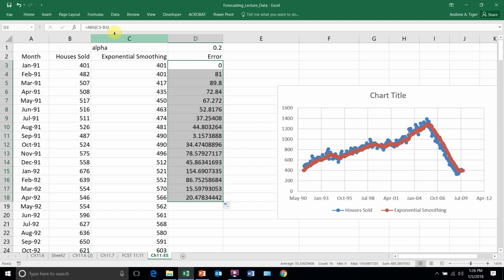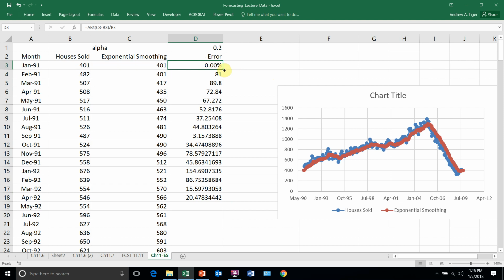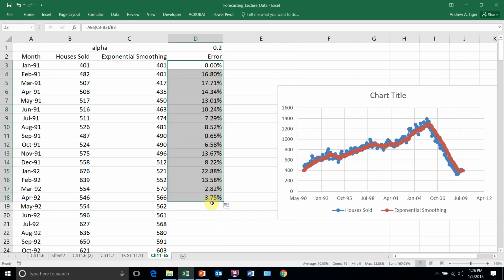But to calculate a percent error, we have to divide by what really happened. And then show that as a percent. And let's show a couple of decimals. So you can see that in the very first one, since I dummied up the first forecast, I probably shouldn't even include it. I don't think I will.